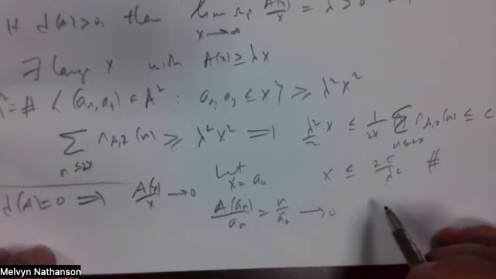This counts the number of terms of the sequence up to the nth term, and that's n. This goes to zero, or equivalently, a sub n over n goes to infinity. So the useful fact I want to take from this is that if a set of integers has a bounded representation function, then a sub n over n goes to infinity.